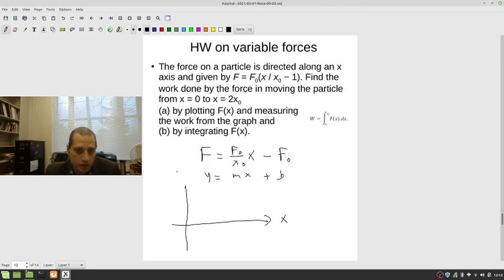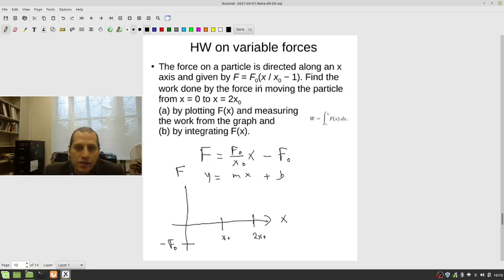Here's your x, here's your F. If I'm comparing this to my y equals mx plus b form, it looks to me like the intercept of this graph is going to be minus F naught. When I put in x equals 0, F is going to be equal to minus F naught. Now, it asks me to go over to x equals 2x naught. So there's 2x naught, there's x naught.